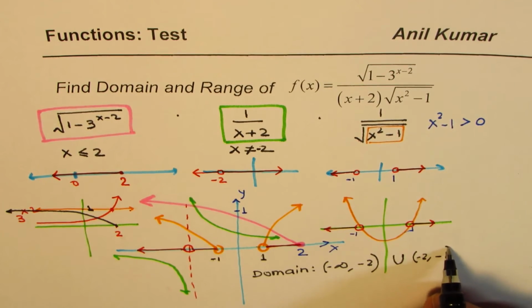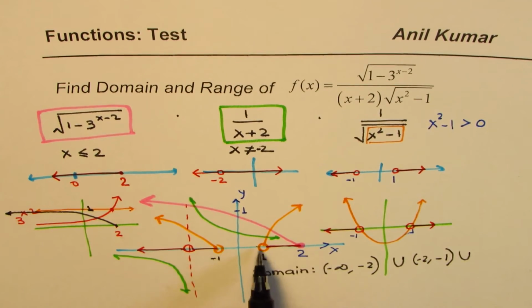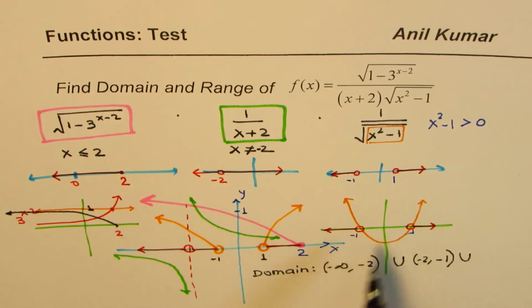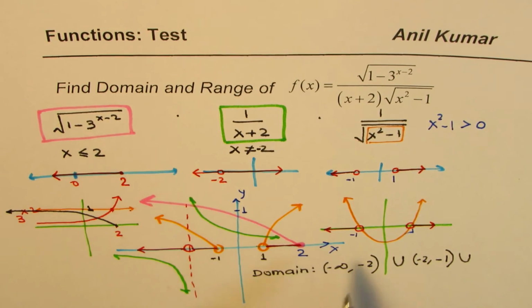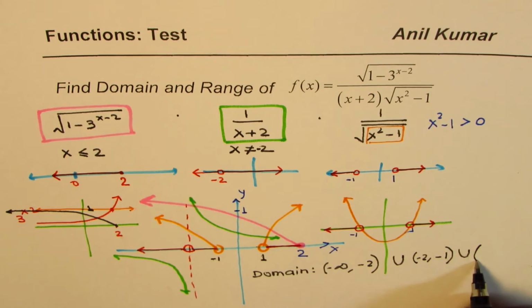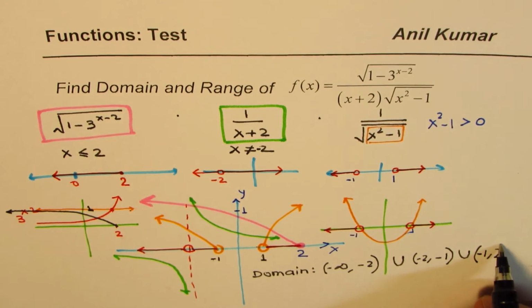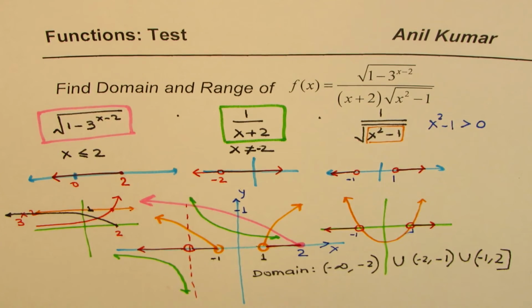So that cannot be included. And then union. Now in between, this function's domain is not there, since that is negative. And after minus 1, it can be up to 2. That's common to these 2. So it could be from minus 1, but you could include 2. That is important, right? This closed bracket means you could include 2.